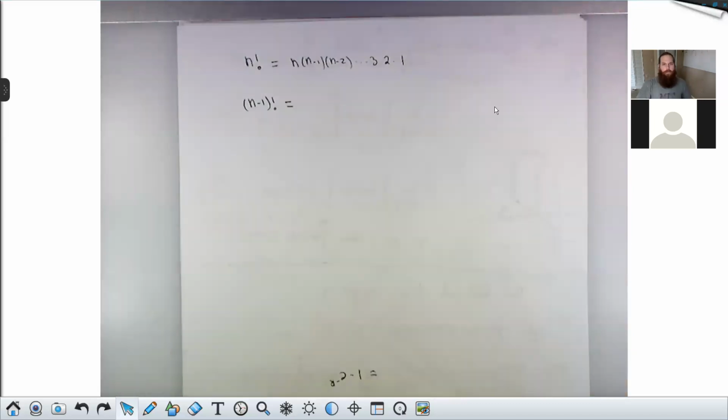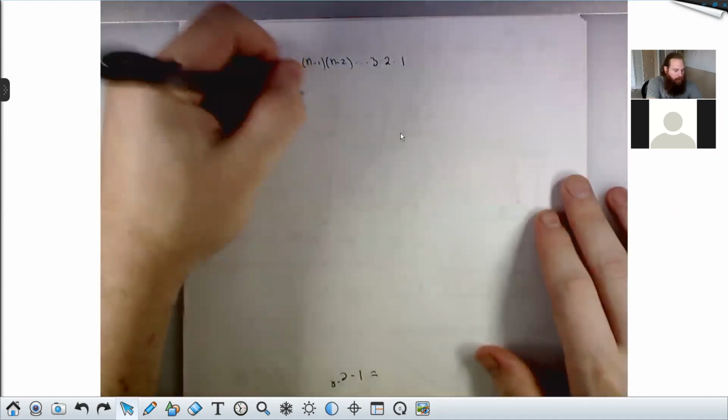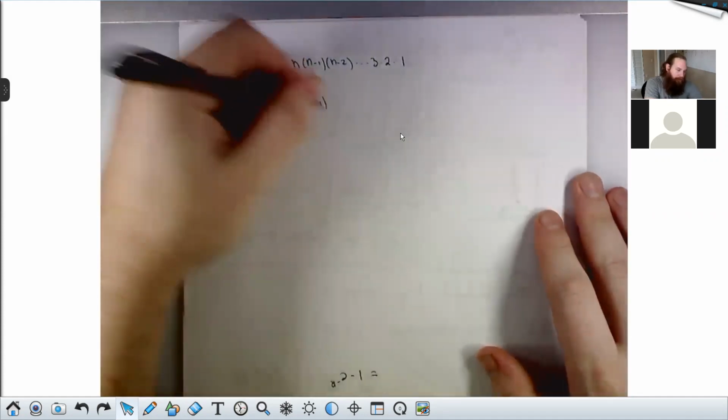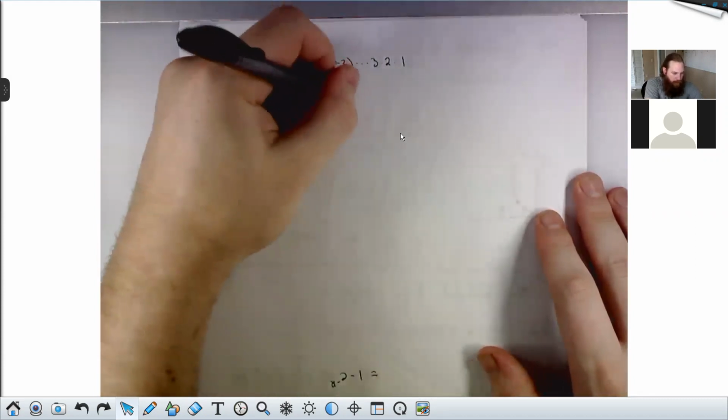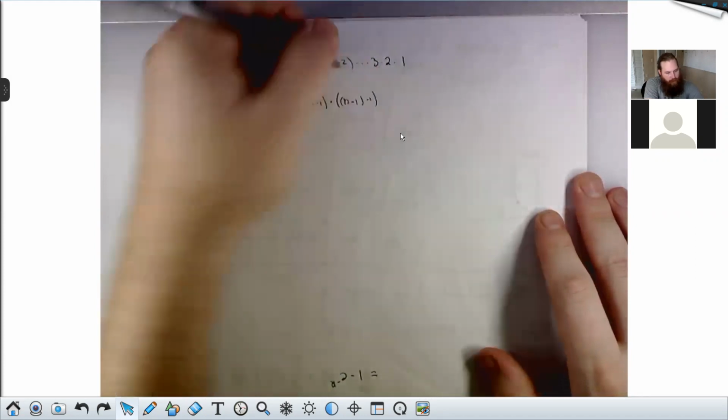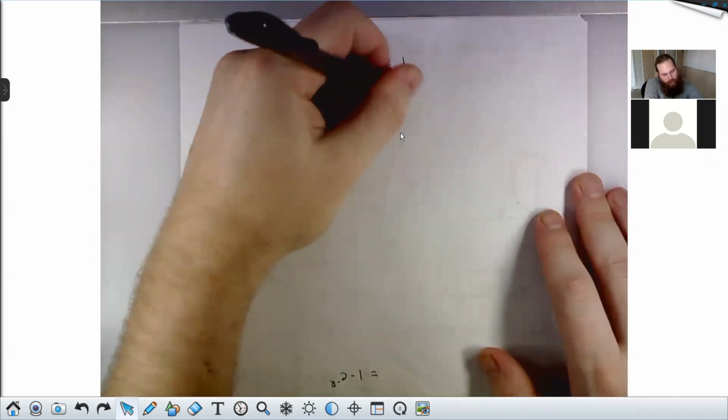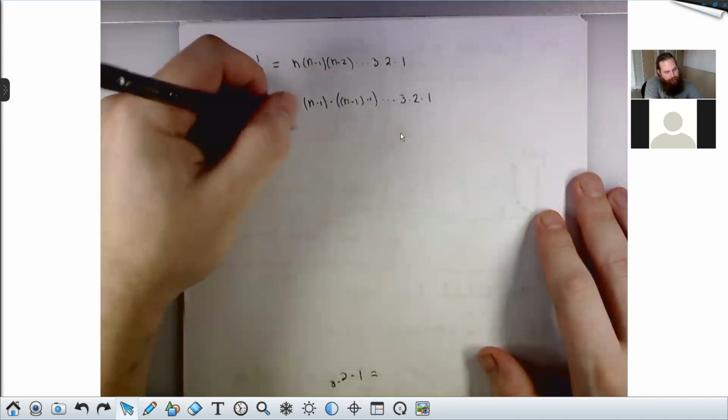So I want to return to this little bit that will help you on your homework problem. If n factorial is n times n minus 1 times n minus 2 all the way down to 3 times 2 times 1, what is n minus 1 factorial? Well, anything factorial is that thing times that thing minus 1 all the way down to 3 times 2 times 1.